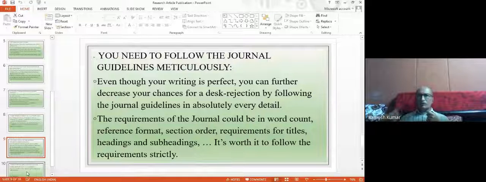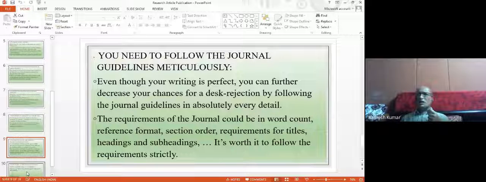So when you do not follow the guidelines and send a paper to these journals, the editors think that because your article has not been accepted somewhere, you are sending that paper as it is to them.